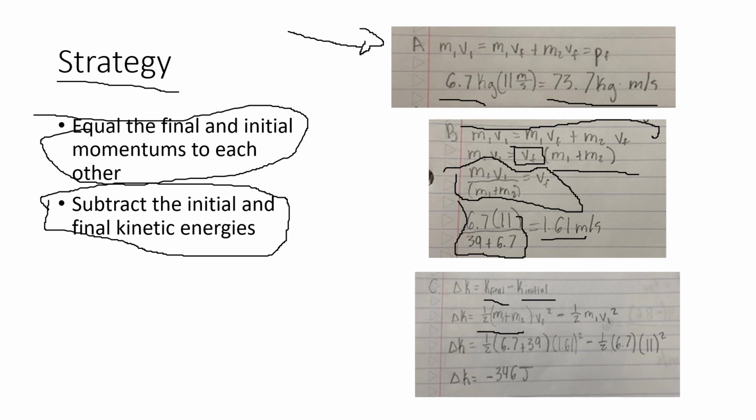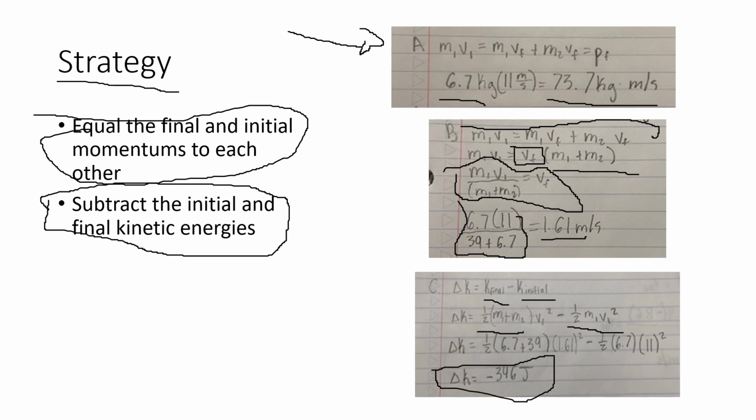At the end, when the two blocks are stuck together, they act like one mass. And we can take the speed that we got before for this one. And then we subtract the initial kinetic energy, which is just the small block going forwards. Doing all this math out, we get the value of minus 346 joules.